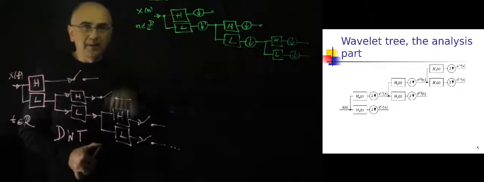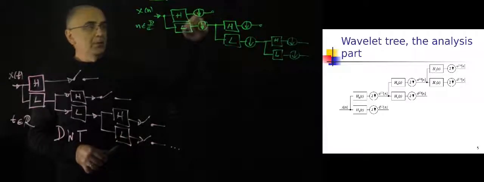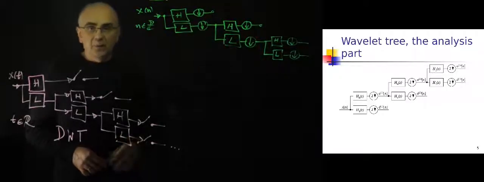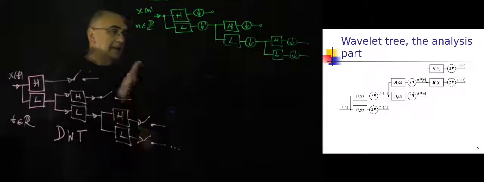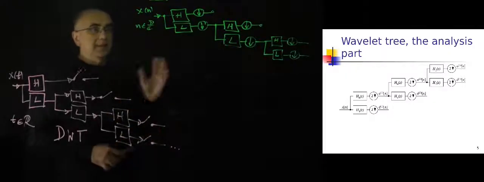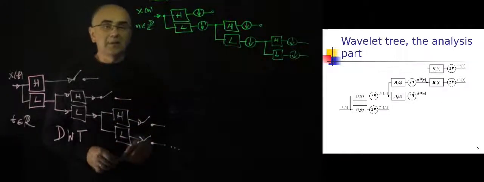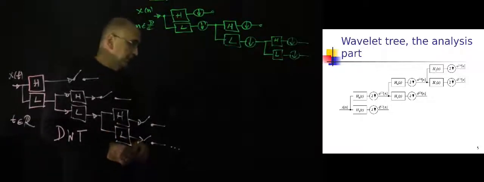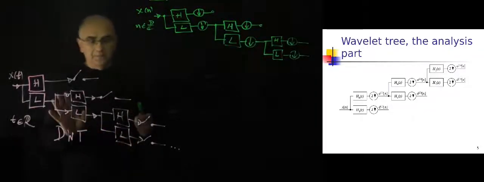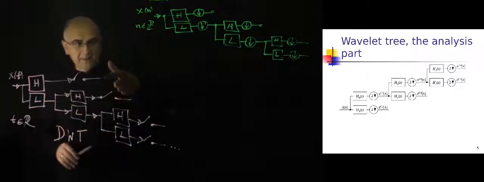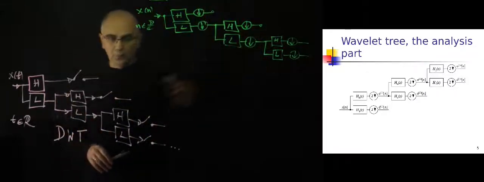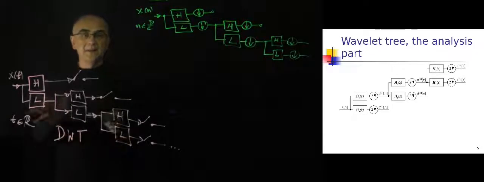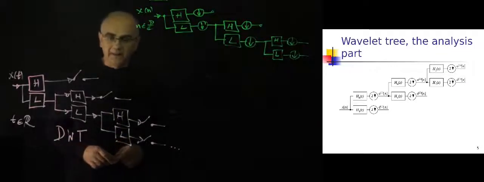We have a two-channel filter bank, so the decimation is by a factor of 2, and let's recall that we are talking about some maximally decimated two-channel filter banks. So at least the sampling rate corresponds to what we had in this analog filter bank.